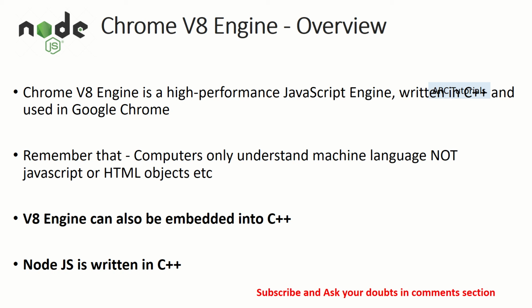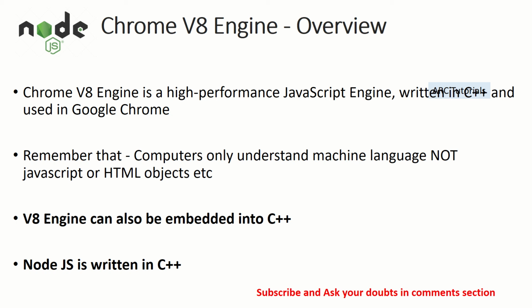Now, V8 engine can also be embedded into C++ code. That's a very critical and important statement, and that's why I've highlighted it, because if you're writing device drivers, or anything at a machine level, you can use V8 engine. Now look at this similarity here. V8 engine can be embedded into C++, and Node.js is written in C++, which means these two can be interoperable, and can be an extremely powerful combination to write applications in a lower level language.